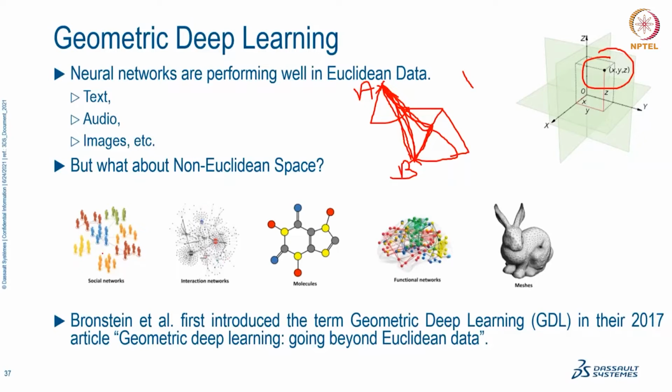It is a review paper of multiple algorithms in existence that are used for such types of non-Euclidean data. The paper itself is named Going Beyond Euclidean Data. It's a very good paper. It gives a whole overview of the geometric deep learning that is currently out there.